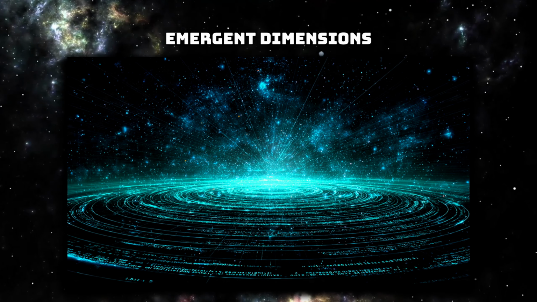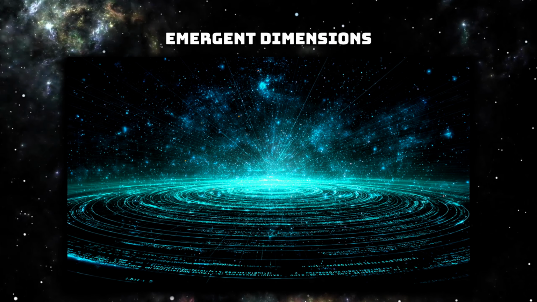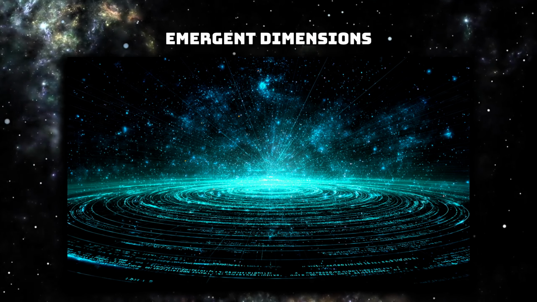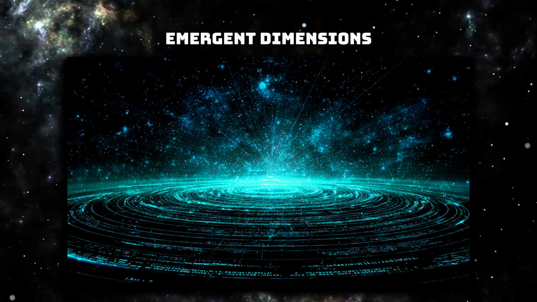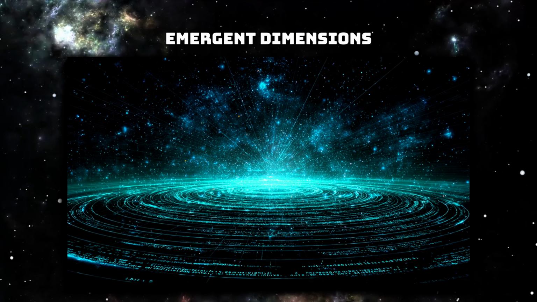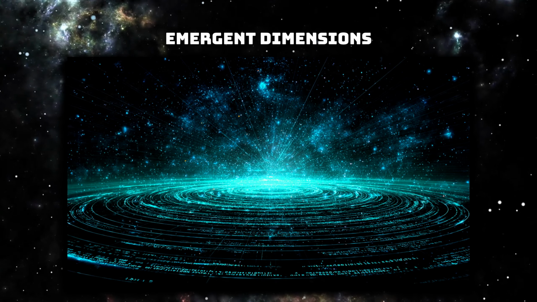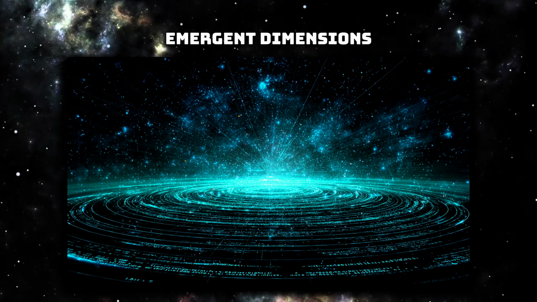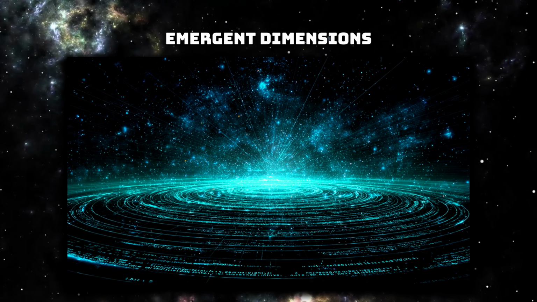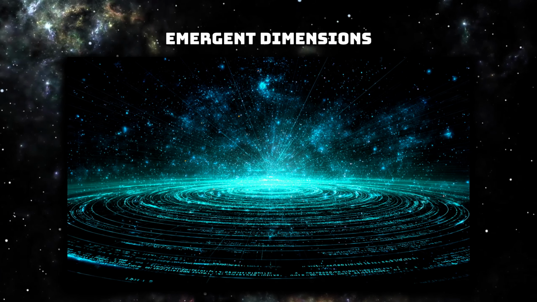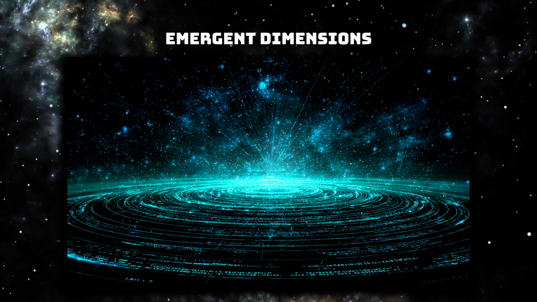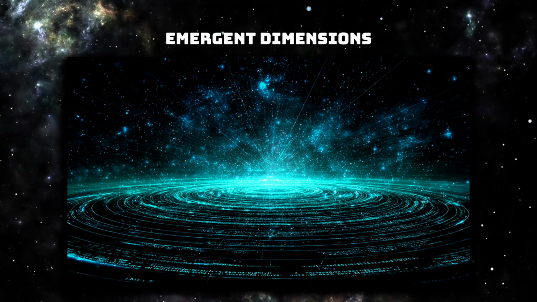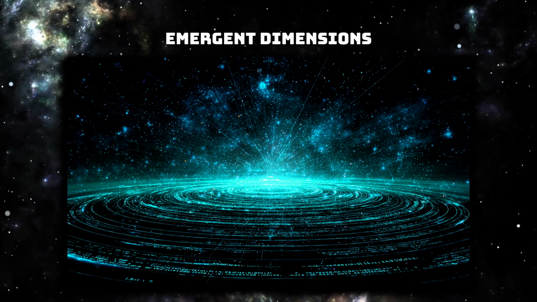What we see as gravity is actually a thermodynamic effect of entanglement, a response of emergent spacetime to information flow. In this view, information is more fundamental than space, time, or matter. The universe is a quantum information engine, and the dimensions we experience are the shadows cast by deeper, hidden mechanisms.